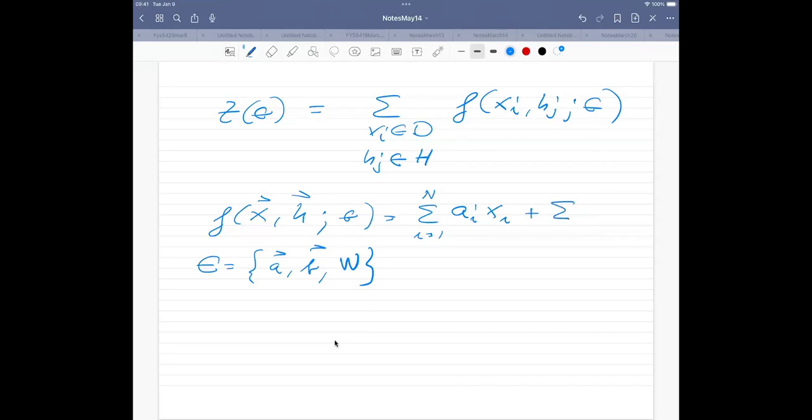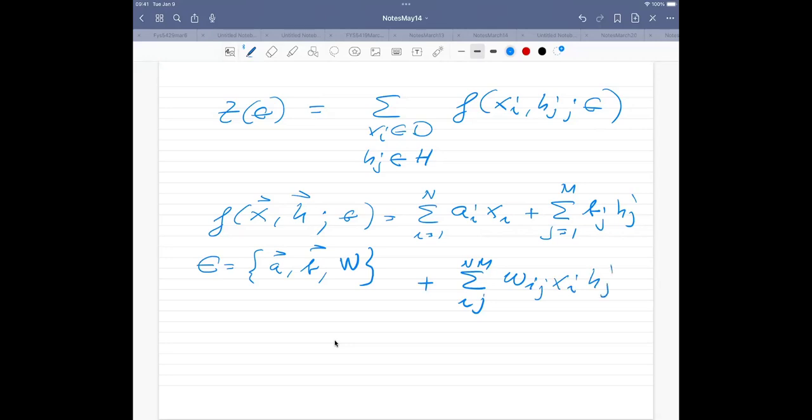And then you would have a sum over j equals 1 up to the hidden nodes. And these b's and a's play the roles of so-called biases in a standard neural network, plus the weights which now link these two, and then we have these parameters w_ij with x_i and h_j.